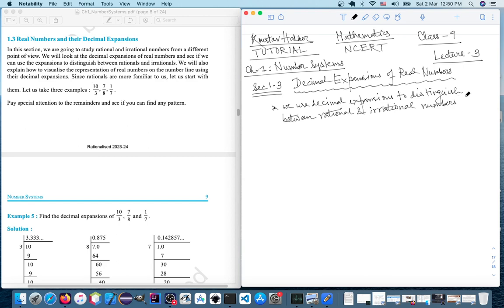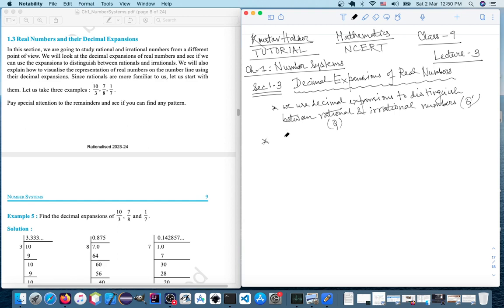Irrational numbers are denoted by the letter Q dash, while rational numbers are denoted by the letter Q. So the decimal expansion will be primarily used to distinguish whether that number is rational or irrational. Okay, so we will see with an example.